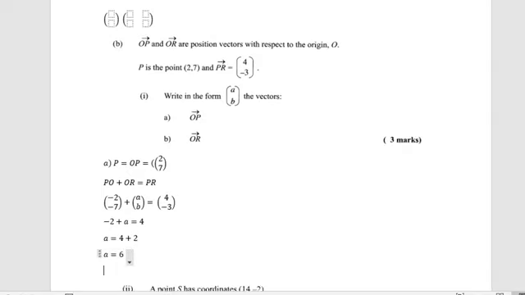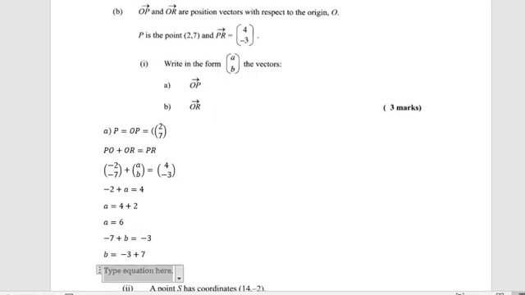And therefore for B, it will be -7 plus B is equal to -3. So B is equal to -3 plus 7, and therefore B is equal to 4.